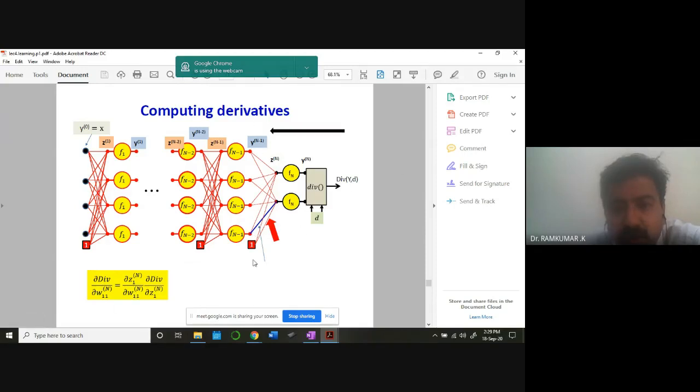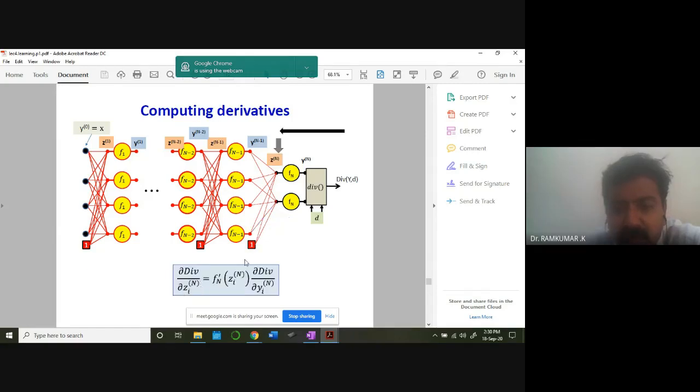The error with respect to this set of weights. That is nothing but dou Z1 by dou W11, the nth layer, for W11 for the nth layer, and then dou divergence by dou Z1 for the nth layer. This is already computed, just computed previously.